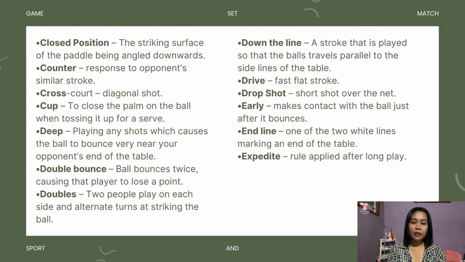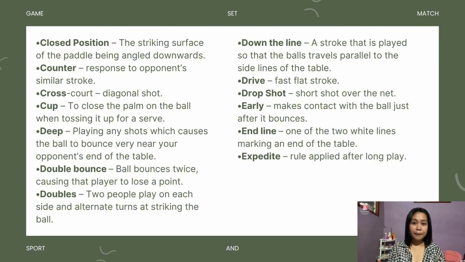So it is commonly used during fast rallies. And a cross-court shot is a diagonal shot from one corner of the table to the opposite corner. So this type of shot forces the opponent to move more.